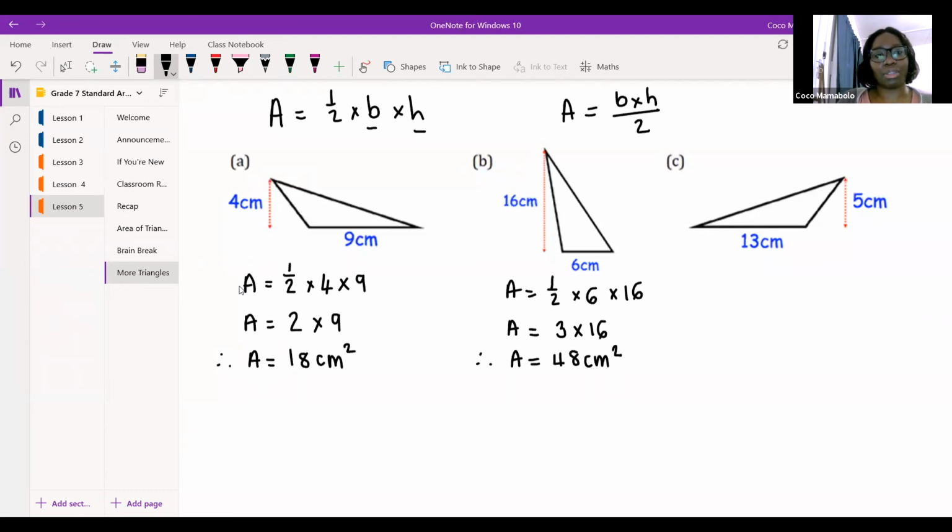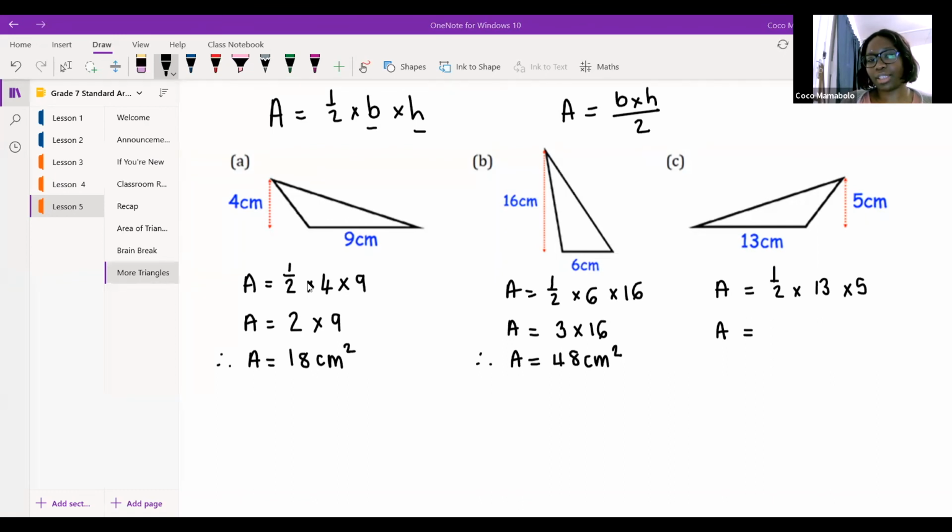Awesome. Sange, I see you, my dude. Where are you? Let's do the last one together. Ma'am, it's A equals half times 13 times 5. Excellent. Then area is equal to 26 times 5. Ooh, I'm not sure how we got 26. What's half of 13, Sange?